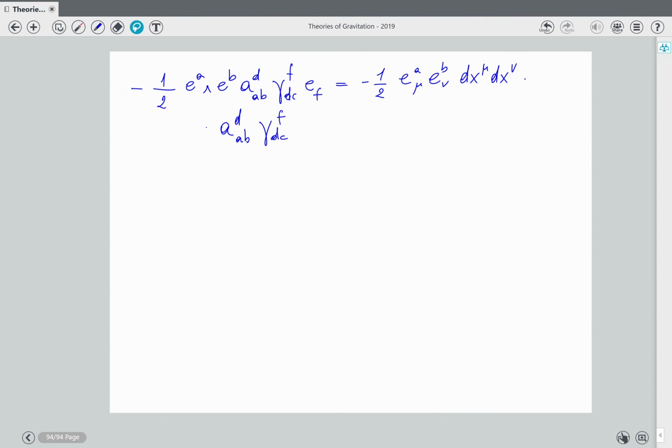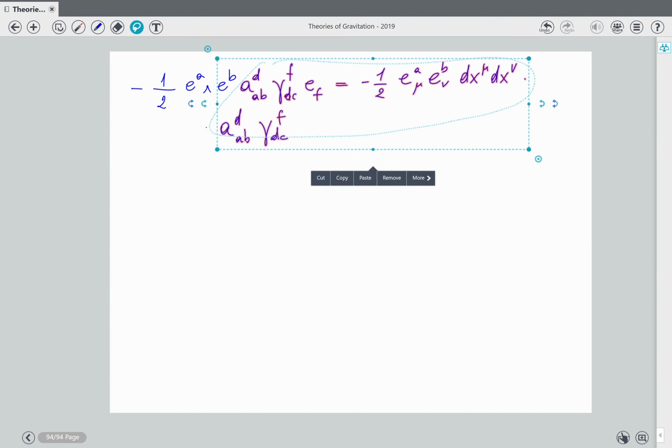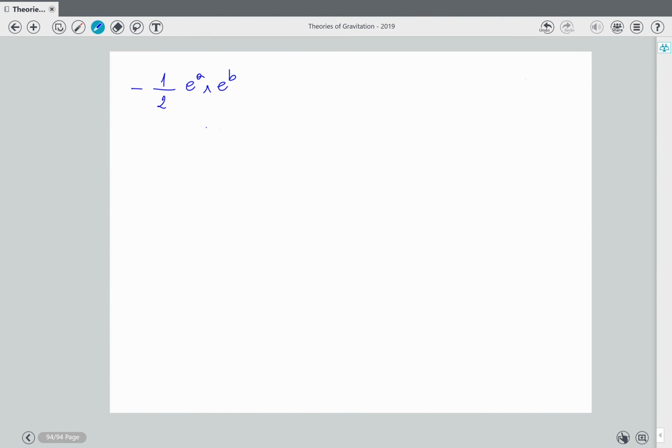We start from something related to that, which is this. It's related but not immediately related. So we'll see that we will get to the right expression, but it's better to start from this expression. Let's write this one in the form we can handle better.